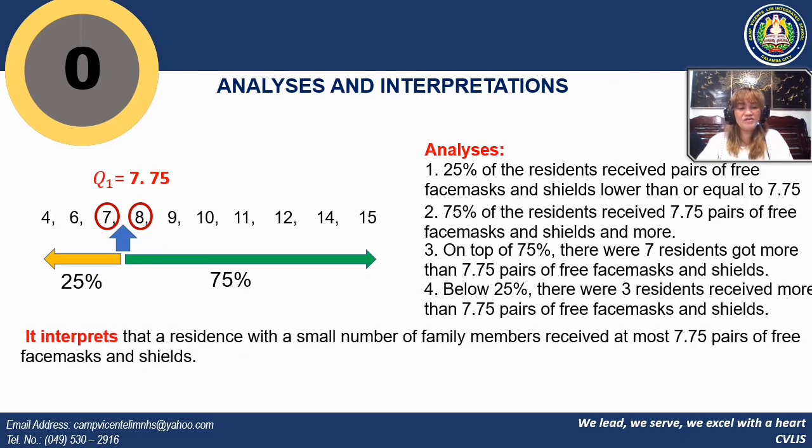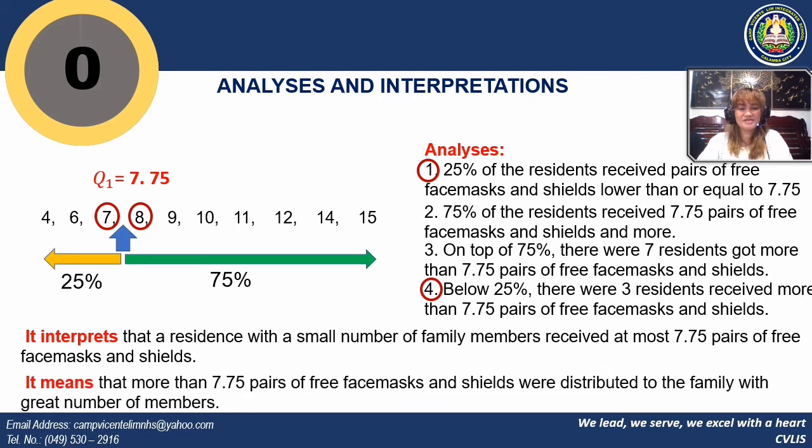Okay, for the interpretations, it interprets that a resident with a small number of family members receives at most 7.75 pairs of free face masks and face shields. Last, it means that more than 7.75 pairs of free face masks and face shields were distributed to the family with a great number of members.